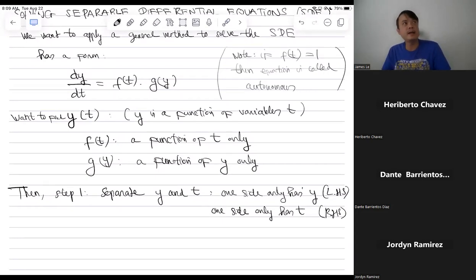Normally when you solve a linear equation or a quadratic equation, you put the thing you want to solve for on the left hand side, and the other things on the right hand side.